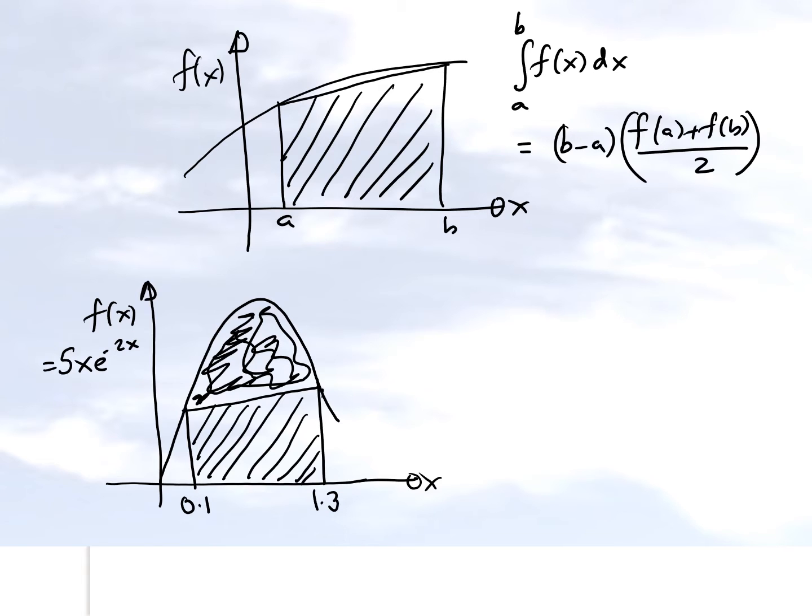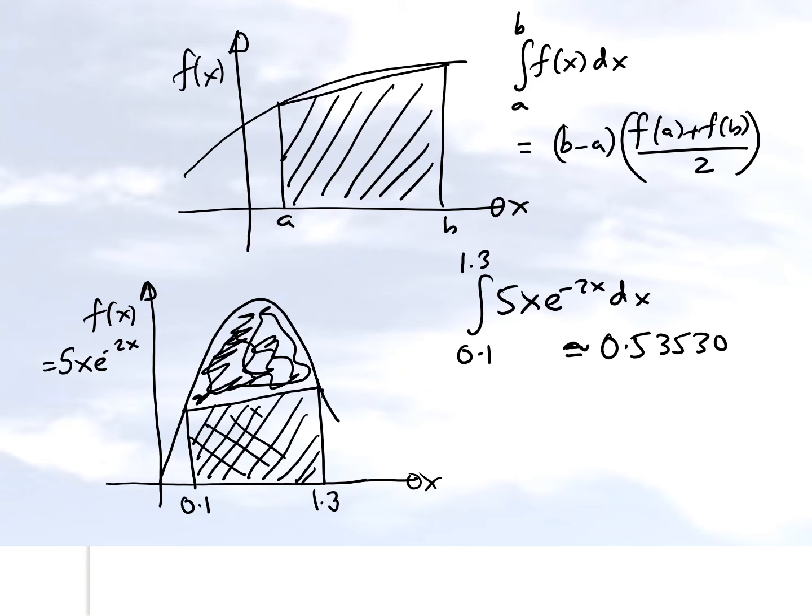So if you look at this particular integral, 0.1 to 1.3, 5x e to the power minus 2x dx, this turns out to be approximately equal to 0.53530 if you were using the single segment trapezoidal rule or the single application trapezoidal rule.